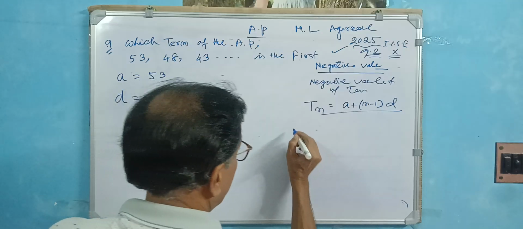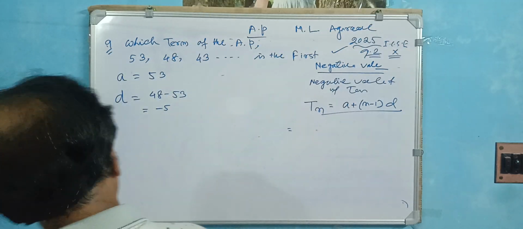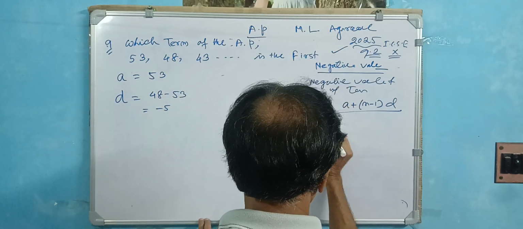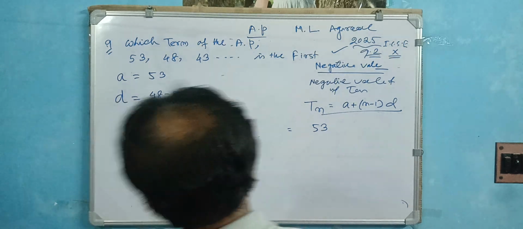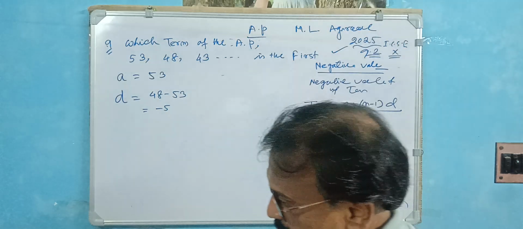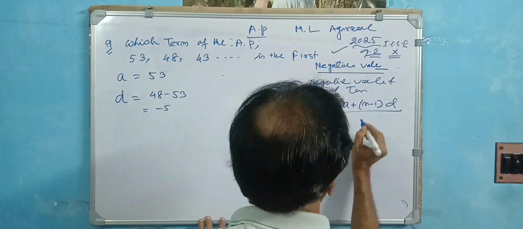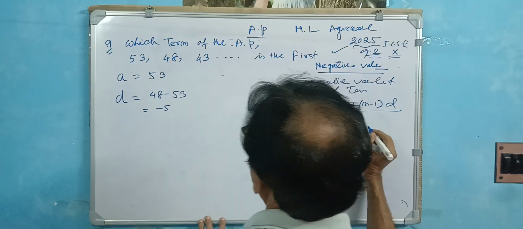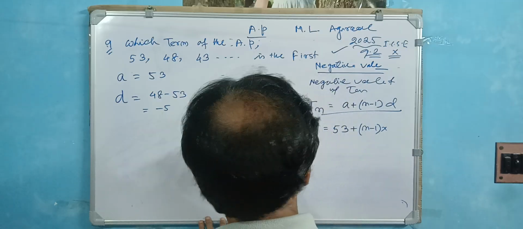You just put a is 53, plus n minus 1 and d is minus 5.